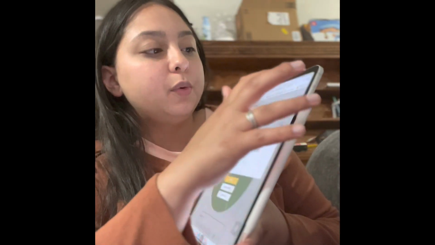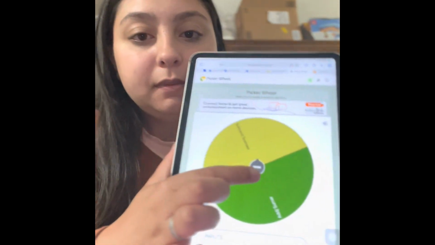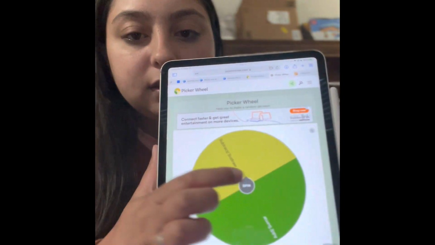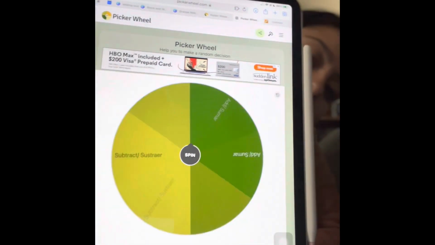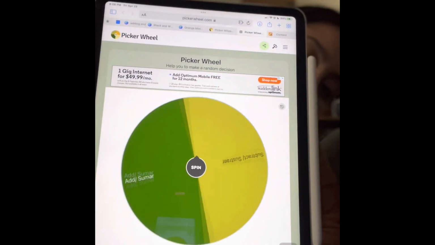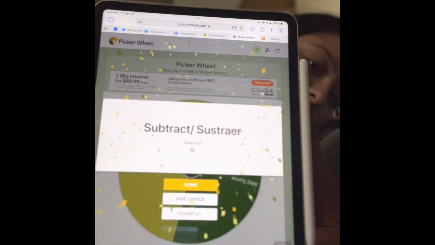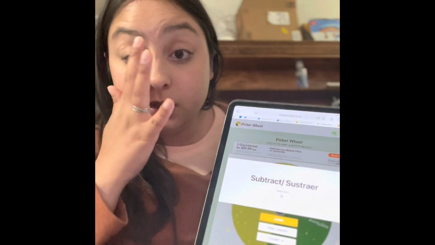So what we're going to do is go to your picker wheel where it is add or subtract. Okay? And so we're going to press spin. Let's see, can you see that? Okay, we're going to do subtraction.